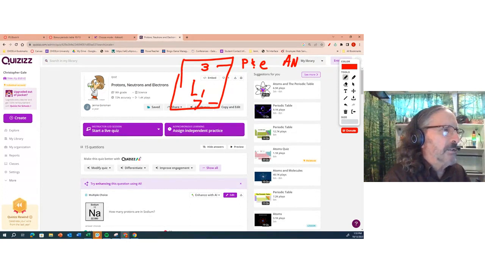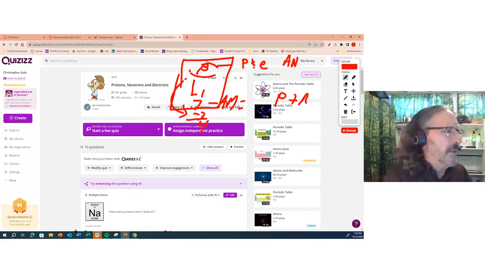The 7 here is the atomic mass, and it's the protons plus the neutrons. So if we want to know how many neutrons, we take the 3 from the 7 and get 4. So these are the protons and neutrons.